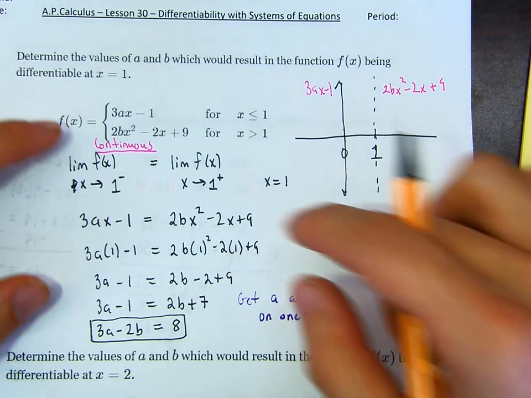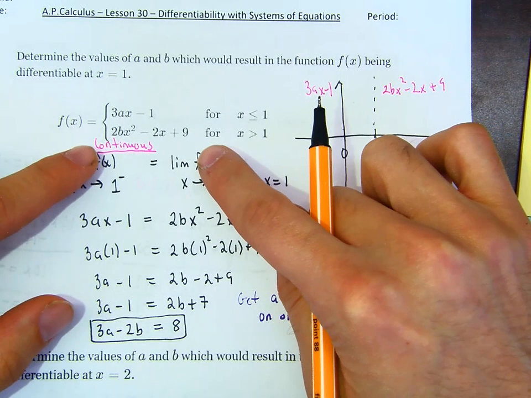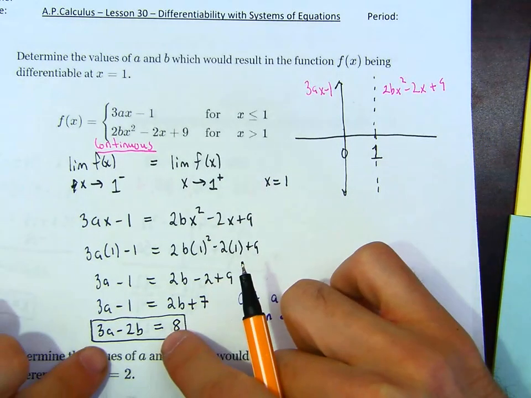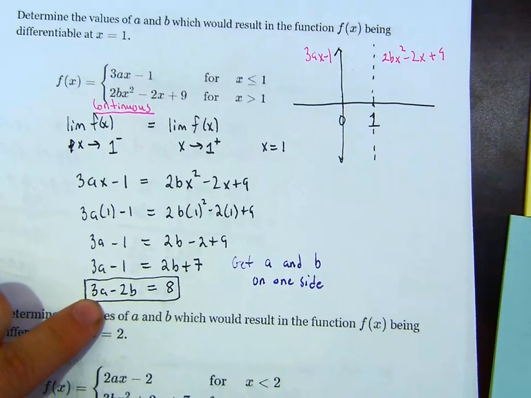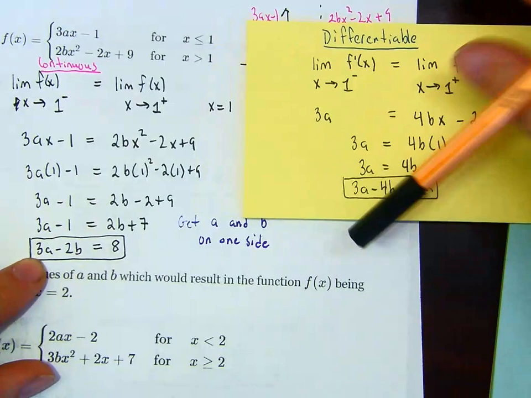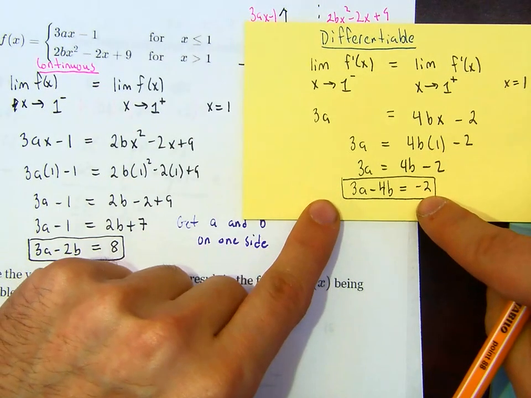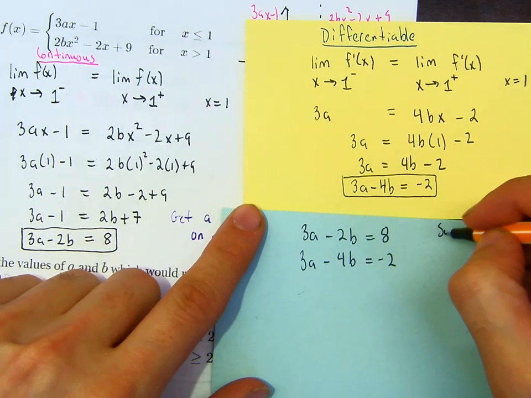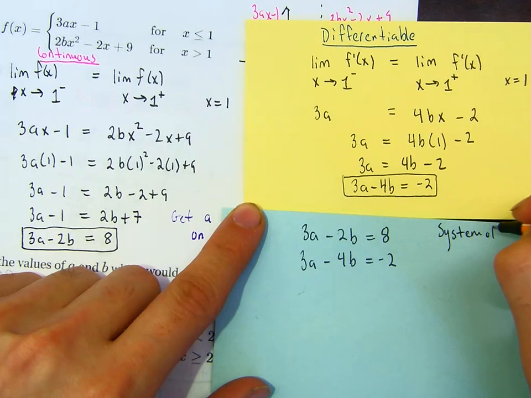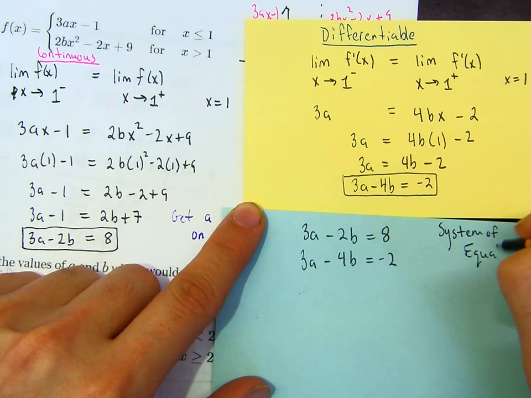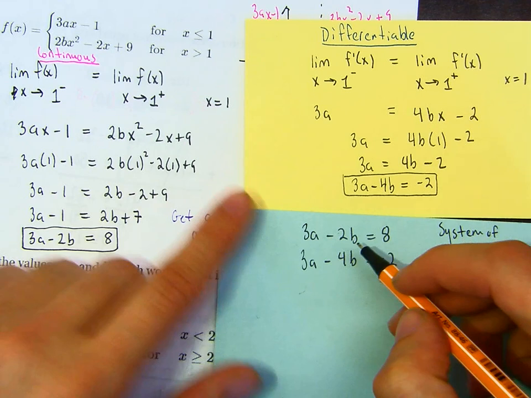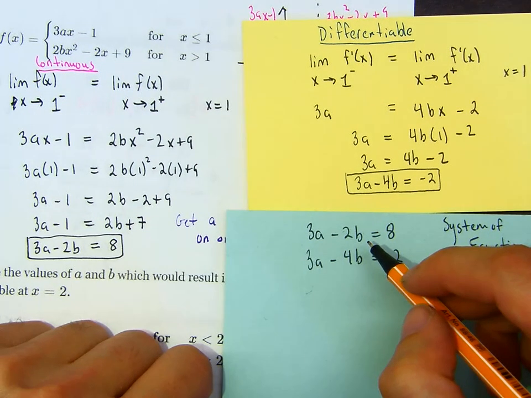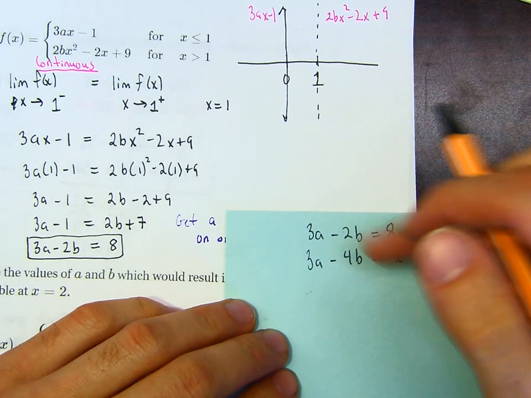And notice, we used the idea of continuity to get one equation with A and B. Then we used the idea of differentiability to get another equation of A and B. So now we get to use the two equations, and we can set up a system of equations to find the A and B such that the function will be differentiable.